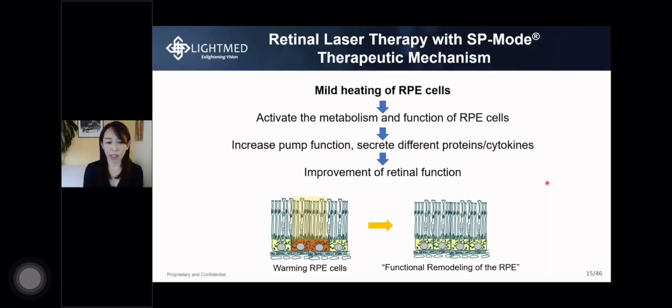And finally, we can expect improvement of retinal and visual function. So you can see in these images, we are just warming the partial local RPE cells, and we expect functional remodeling of the RPE. We don't do any damage, but it is functionally remodeled. So this is the basic strategy of the treatment.